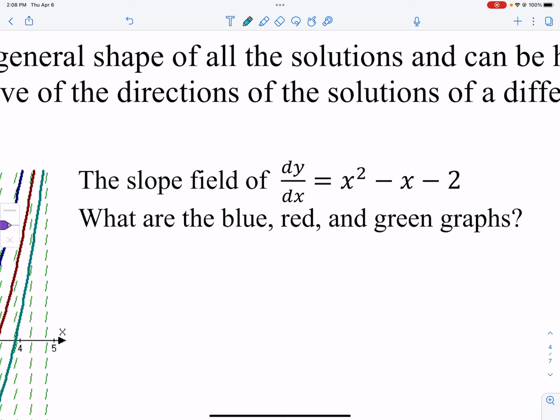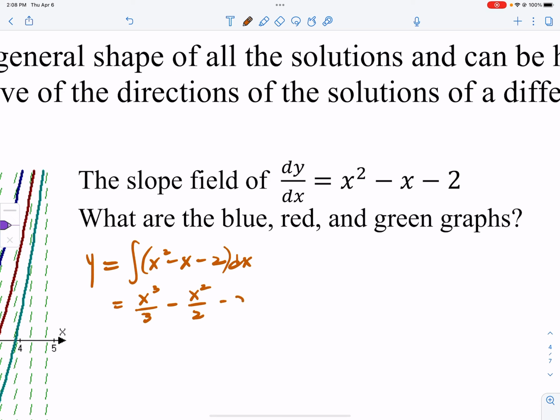We could find what y is equal to just by integrating x squared minus x minus 2. You guys know how to integrate that just using the power rule for integration. So we would get x cubed over 3 minus x squared over 2 minus 2x plus c, right? That's the general solution.